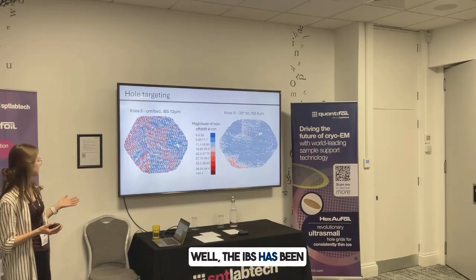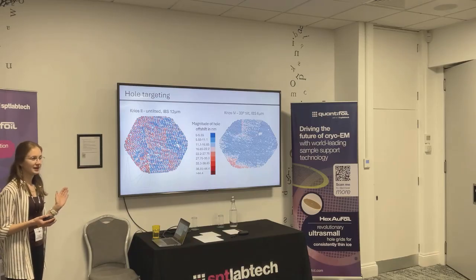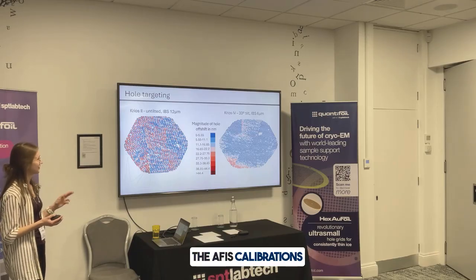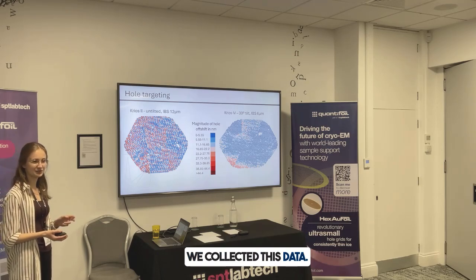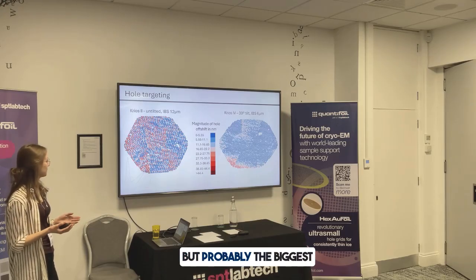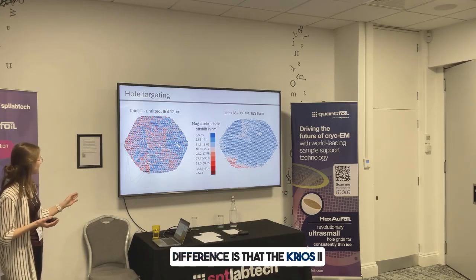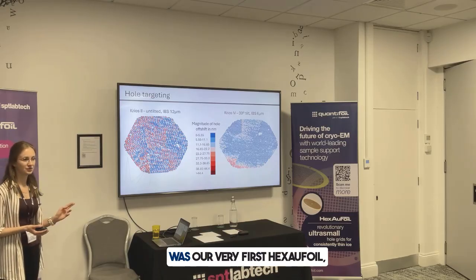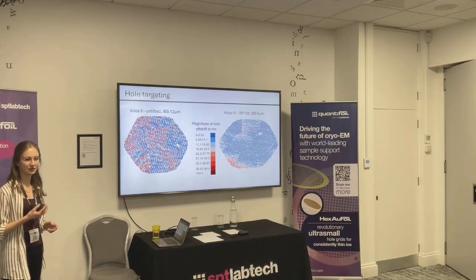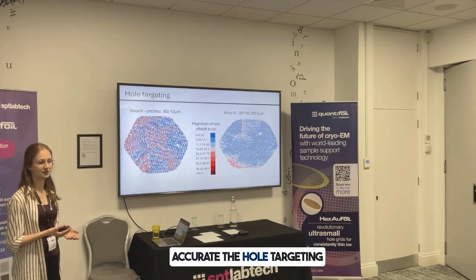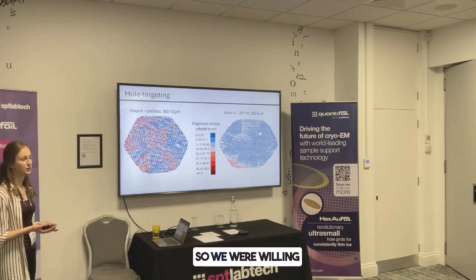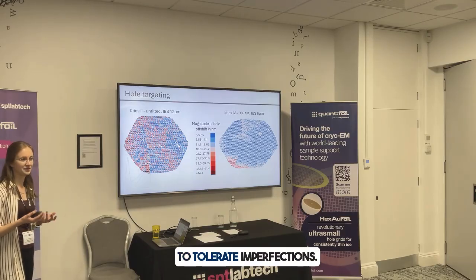Well, the IBS has been changed to 6 microns. The AFIS calibrations on the Krios 4 were done literally the day before we collected this data, so they were spot on. But probably the biggest difference is that the Krios 2 untilted data collection was our very first HexAuFoil data collection, and at that time we weren't absolutely sure how accurate the hole targeting actually would be. So we were willing to tolerate imperfections.